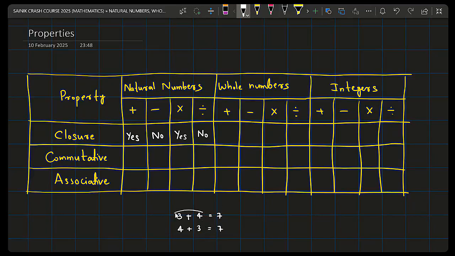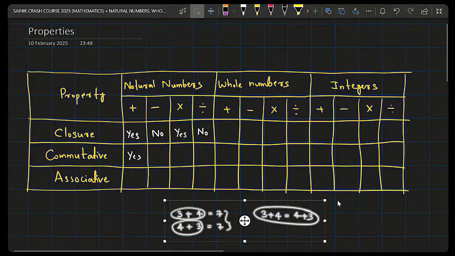That means changing the order is not changing the result. That means you can write 3 plus 4 is always equal to 4 plus 3. So natural numbers satisfy commutative property under addition. So we can say the answer is yes.